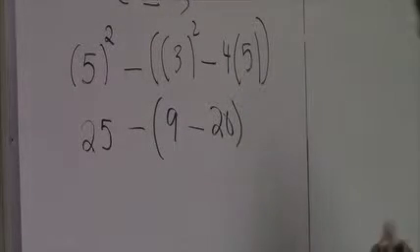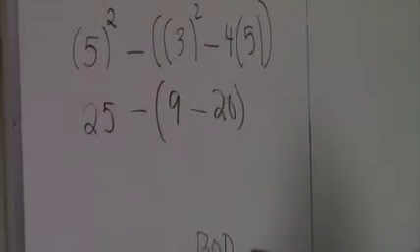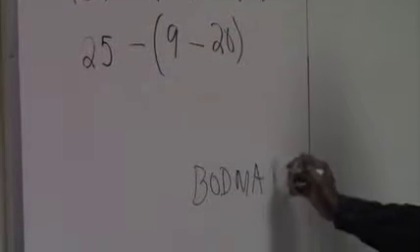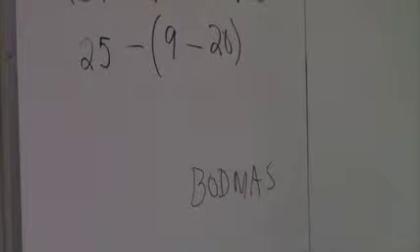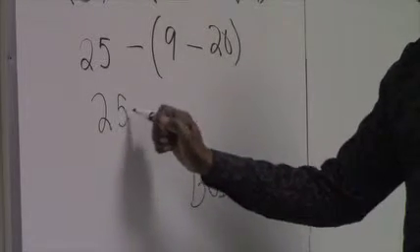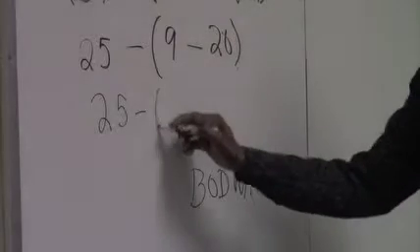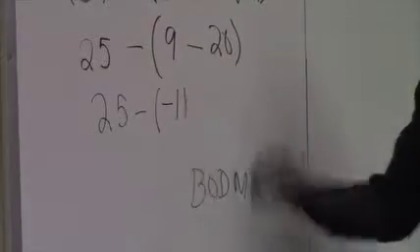Now if I'm using BODMAS, which is brackets, of, division, multiplication, addition, and subtraction, then I must take care of what is in the bracket first. So in the bracket, I have 9 minus 20, and that is going to give me negative 11.